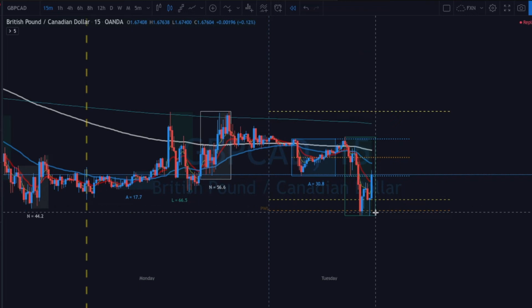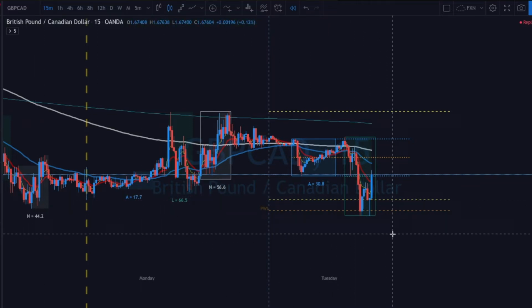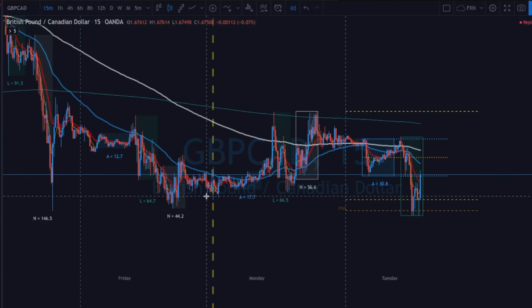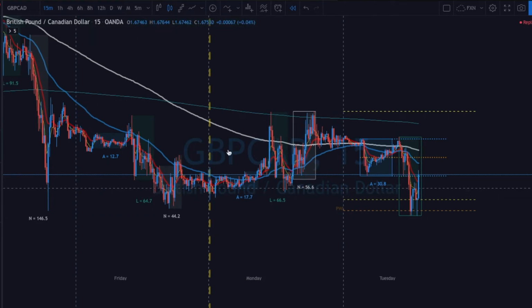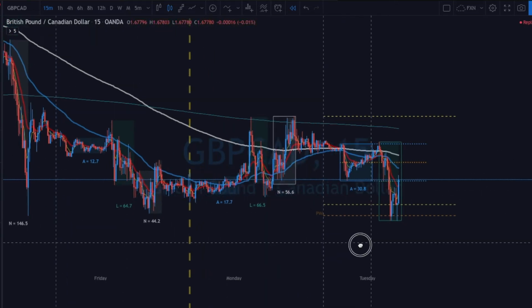Tuesday, we're basically hitting previous week low, yesterday's low. So we got things in our favor, right? We're coming off of a trending cycle, and we accumulated on Monday.